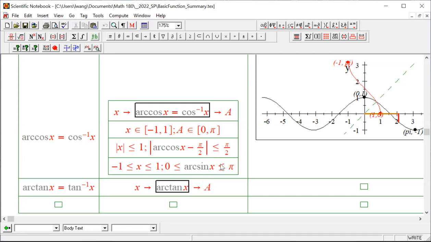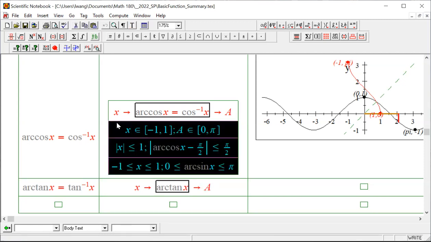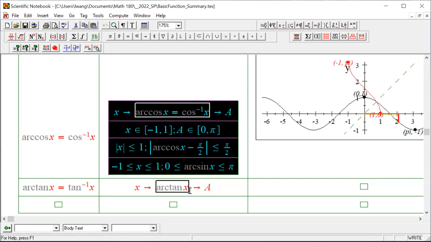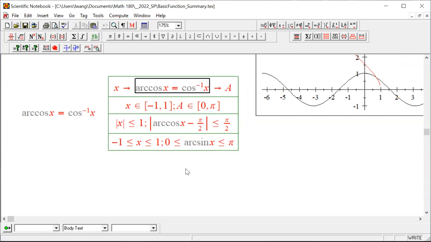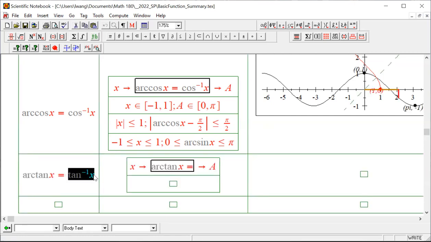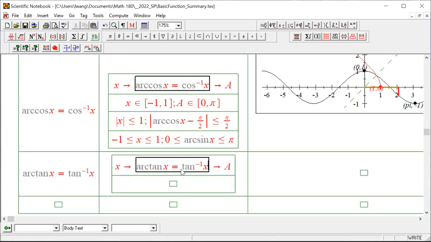And I'm going to show these to you in terms of domain and range. Of course, this can also be written as arctan. You read it the same way.